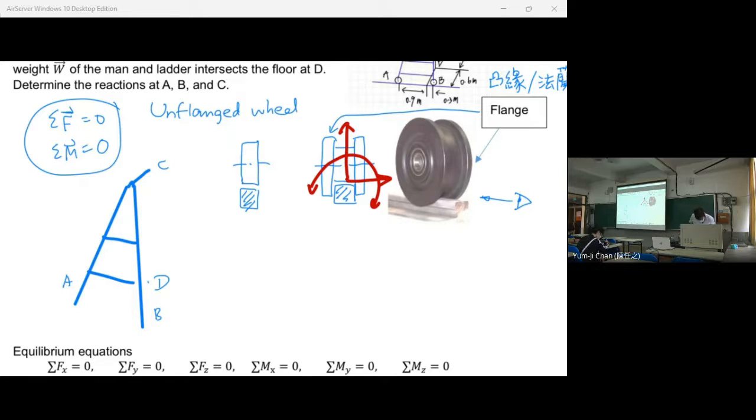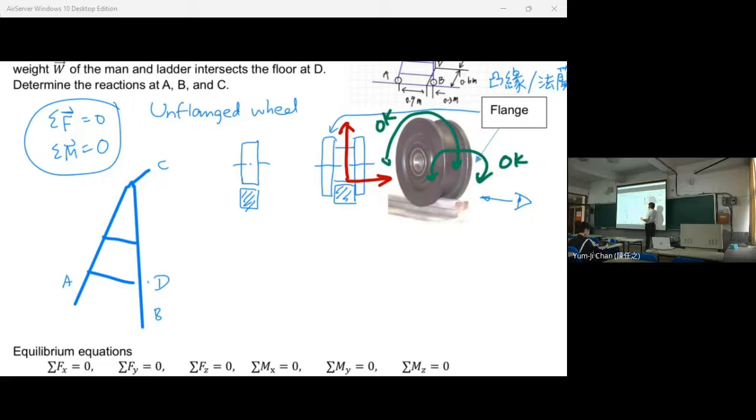Usually because it is loose, it can rotate a bit here. So we have only two forces, and of course it can rotate in this direction, and this direction.